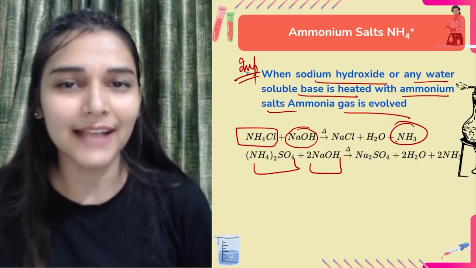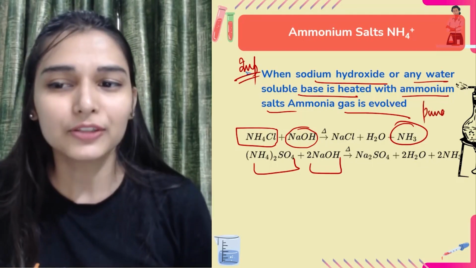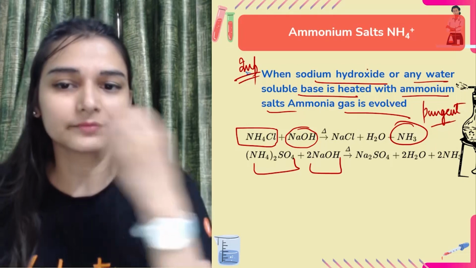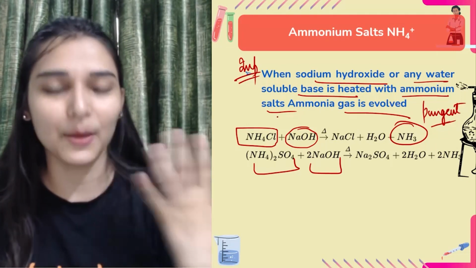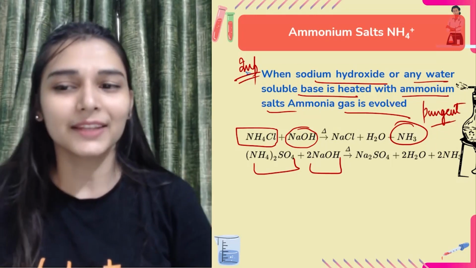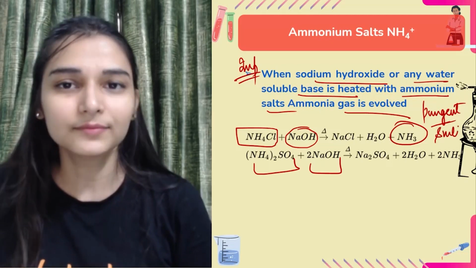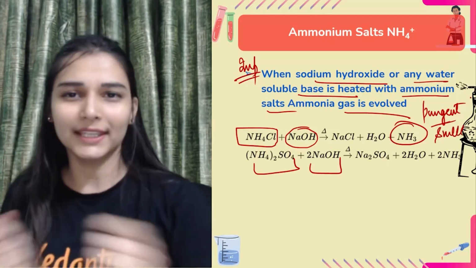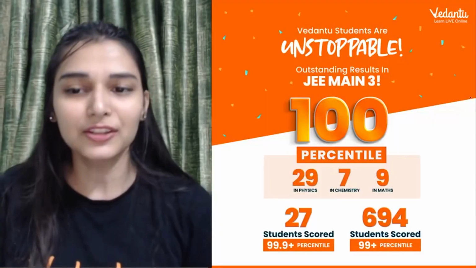That is ammonia gas, a pungent smelling gas. So from ammonium salts, when they are treated with a base like sodium hydroxide, ammonia gas is released. You can heat it slightly, and apart from that, salt and water would be there.